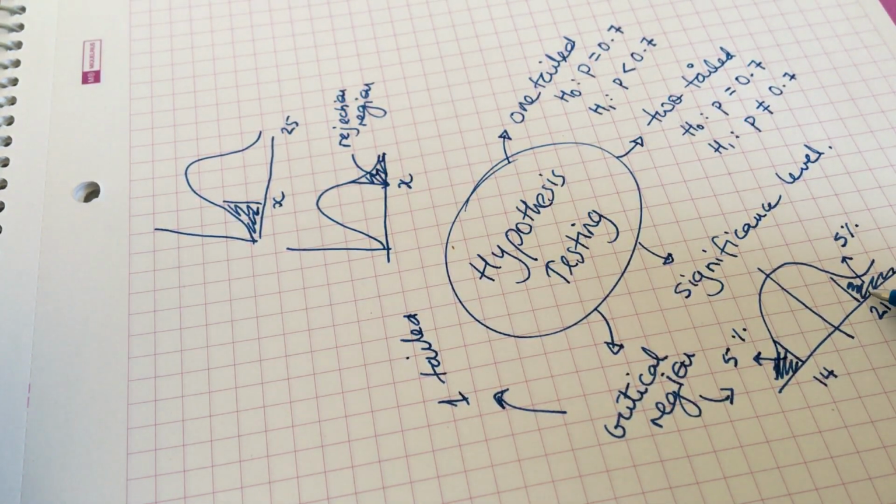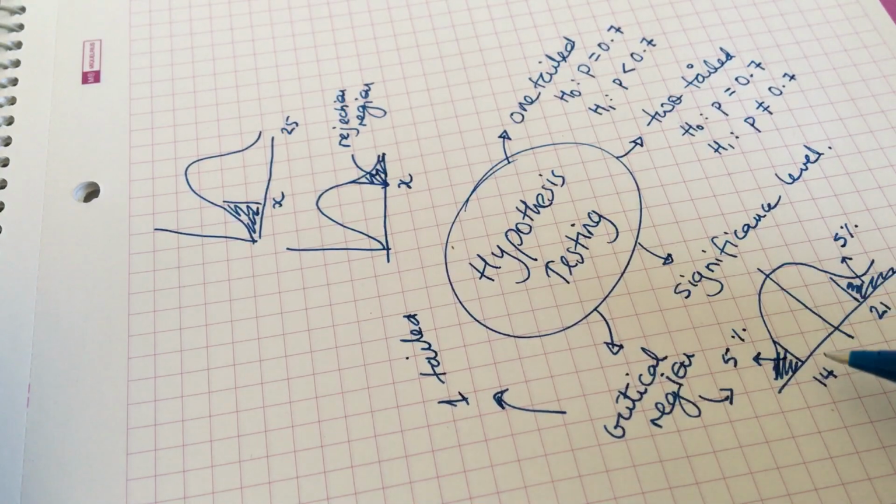And looking at the top end as well, if out of 25 people, 21 or more students have passed the first time, then he's underestimating it. That means more than 70% passed the first time.